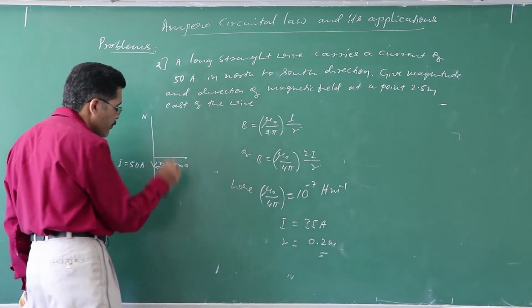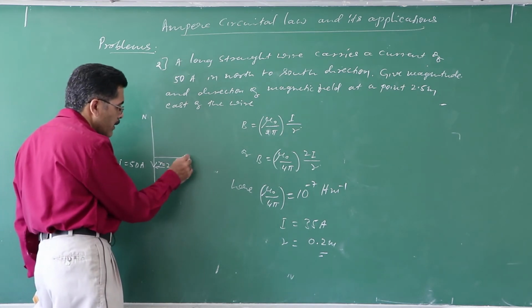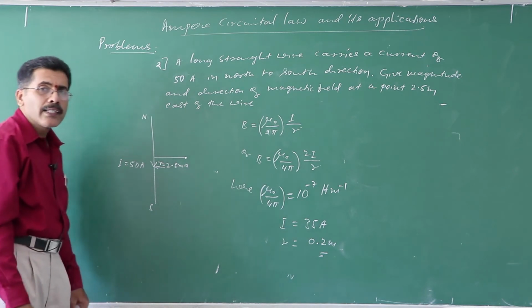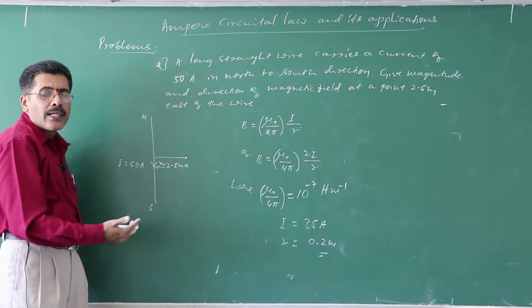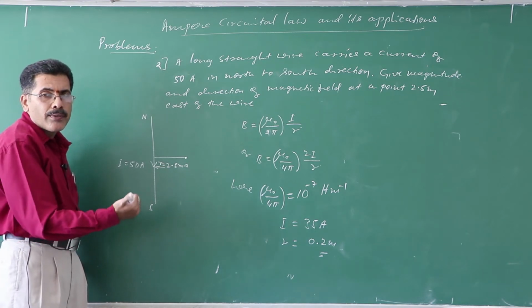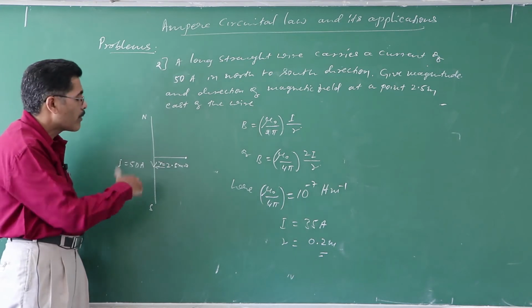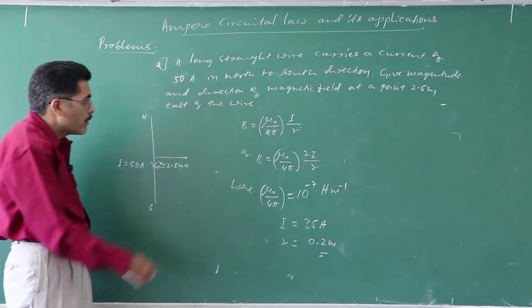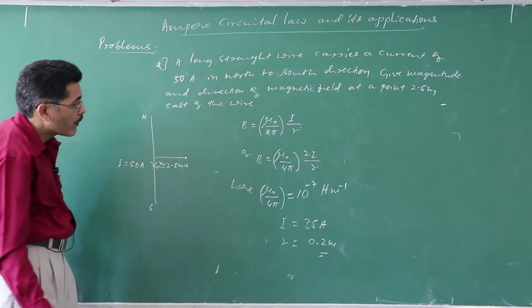This is R. You have to find the direction. The direction can be obtained using the right hand clasp rule. You will find that the direction is vertically upwards.